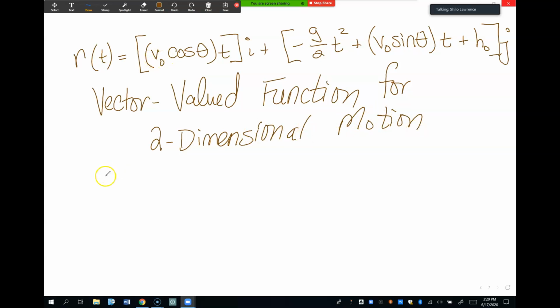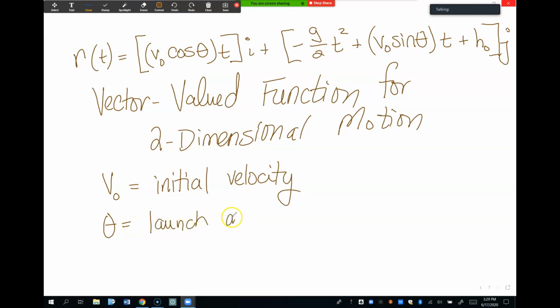And all these letters: we said v sub 0 was the initial velocity. That has to be given to you in order to figure out our position function. Theta is the initial angle that it was launched. t is a variable.